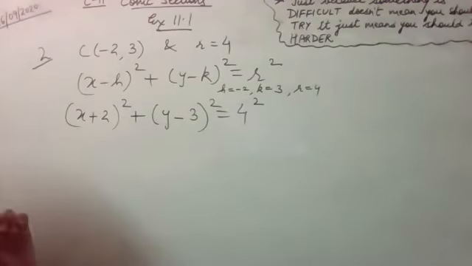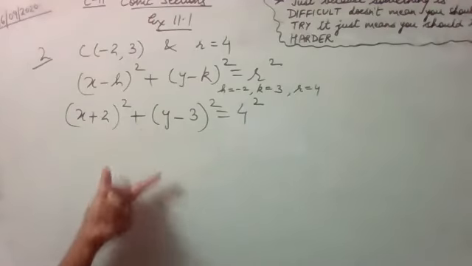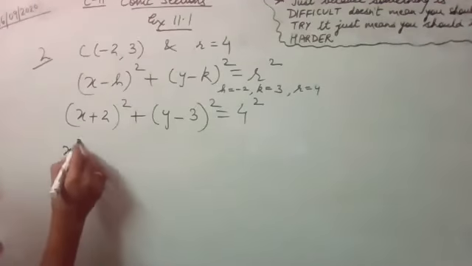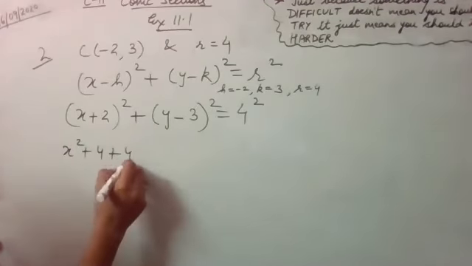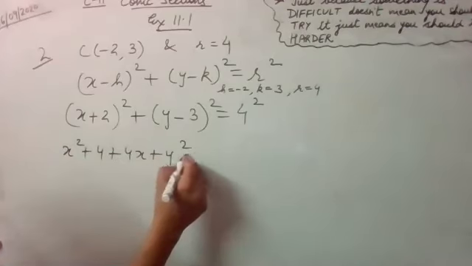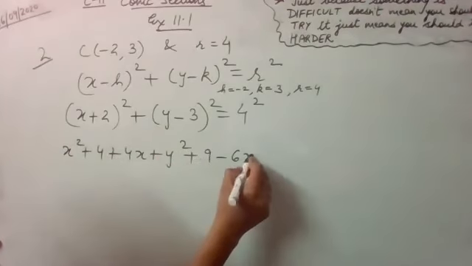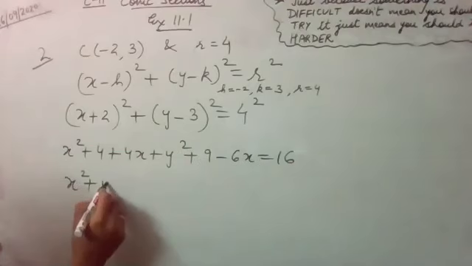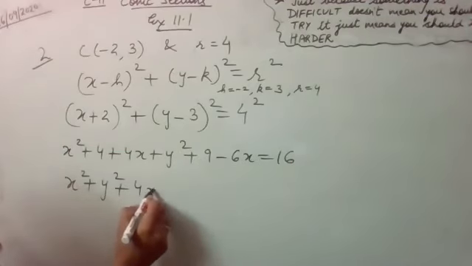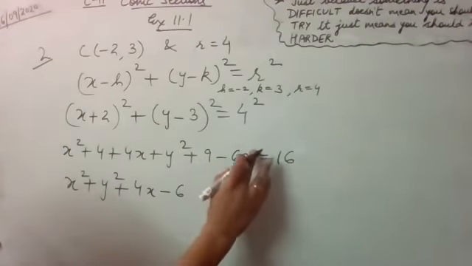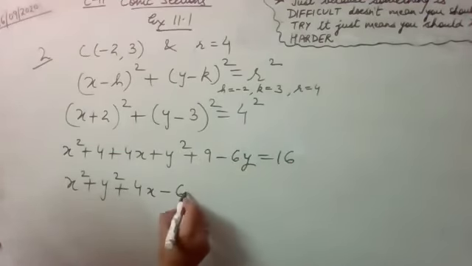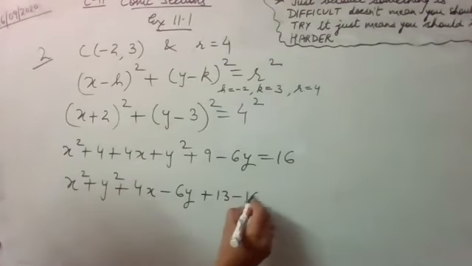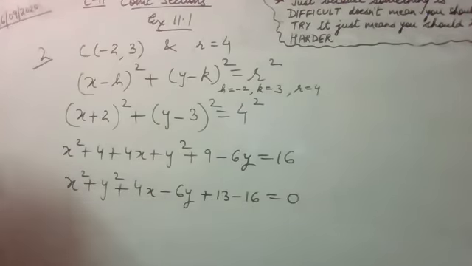Now we don't have to leave the result here. We just have to open the perfect squares and solve this. So x square plus 4 plus 4x plus y square plus 9 minus 6y equal to 16. And we will give the equation as x square plus y square plus 4x minus 6y, plus 13 minus 16 equal to 0.